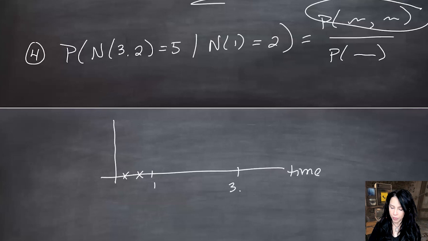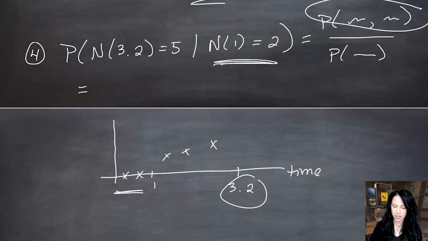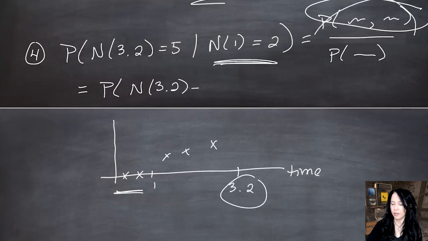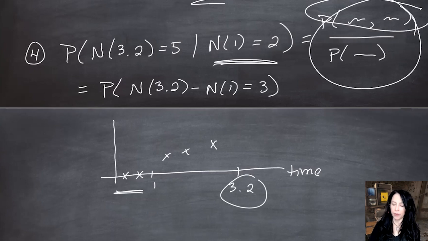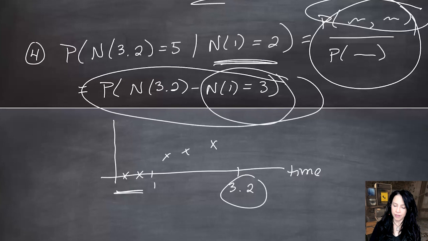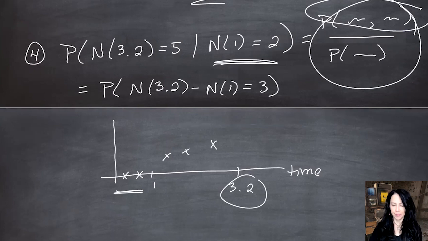And now we're looking at time 3.2, and we want a total of 5 arrivals. So given that there were 2 up to time 1, the probability that there's going to be 5 by the time we get here is just the probability that we get 3 arrivals in that interval. And that's exactly what you're going to see if you write it out the long way. You get this times the probability of this over the probability of this, and those probabilities cancel, and you just get what we have here by common sense, quote unquote. Okay.